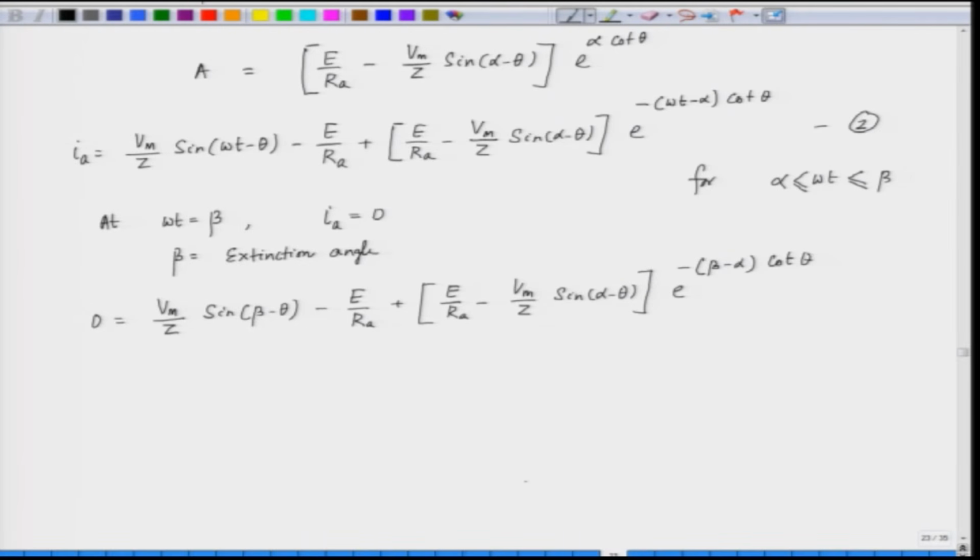So, this is a transcendental equation. This is not a simple algebraic equation, because this contains sine and exponential functions. So, we have to evaluate what is beta.